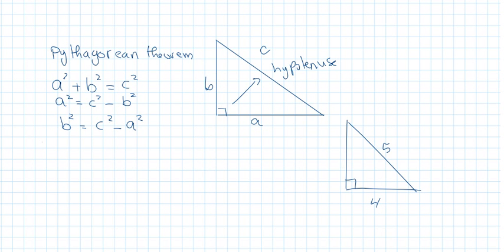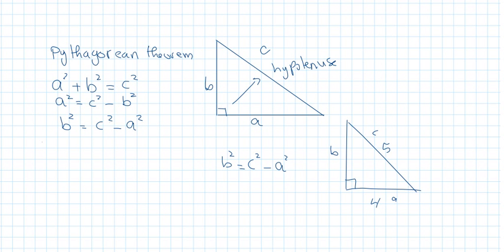I know A. And I know, what do we call this? C, that's your hypotenuse. Right? I know A and I know C. I'm looking for B. So the formula is going to be B squared equals C squared minus A squared. Do you guys have any questions about this?